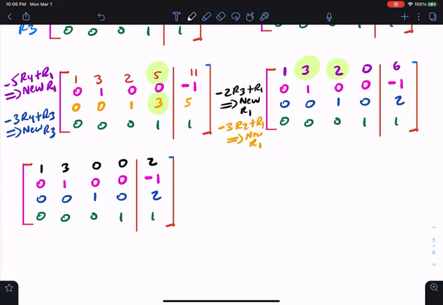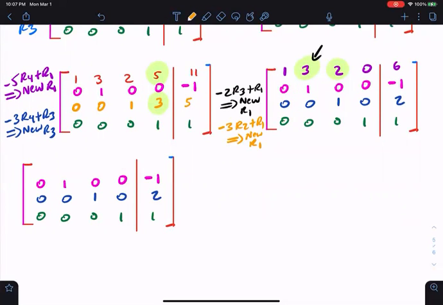Now I need to get rid of the 3, right? That's not a big deal because we said we're going to multiply negative 3 times row 2 plus row 1 to get rid of that 3. I'm talking about this 3 right here. So let's erase row 1 one more time and do that in this color.